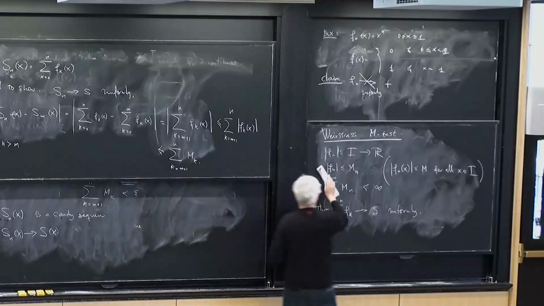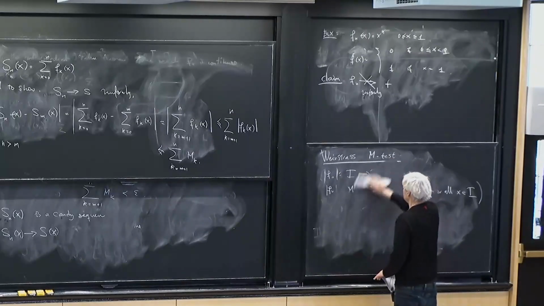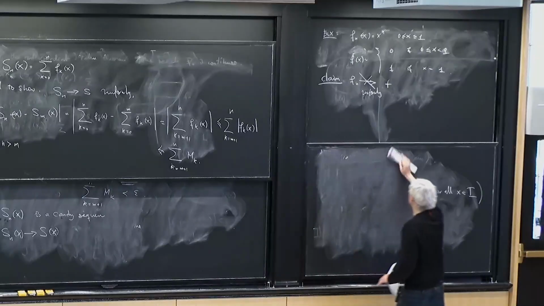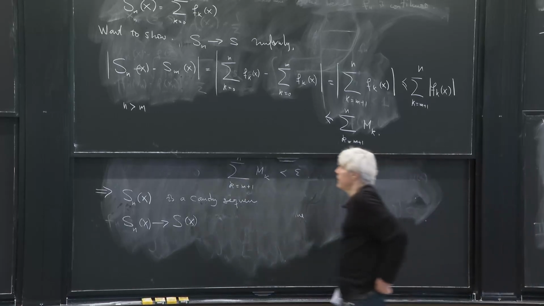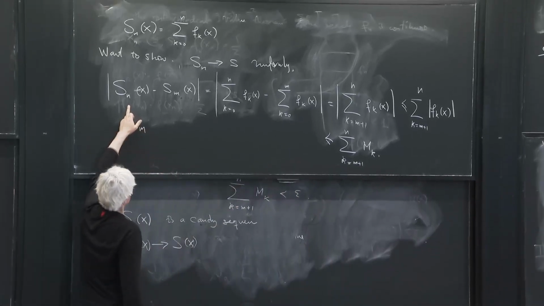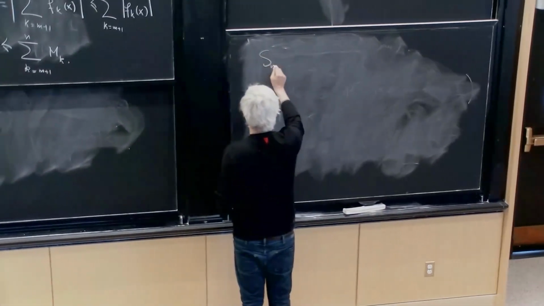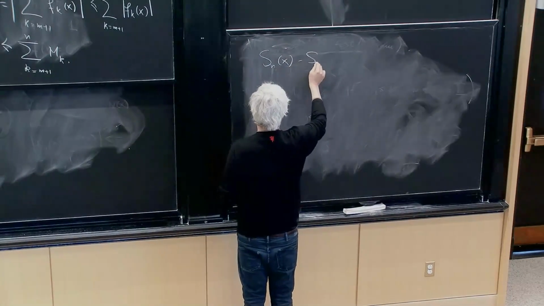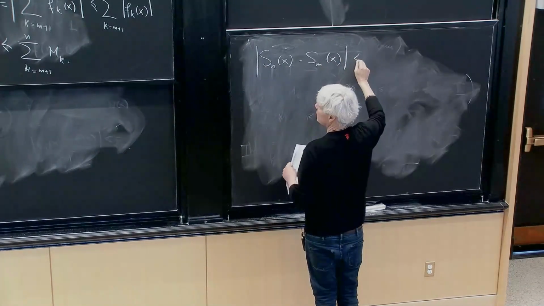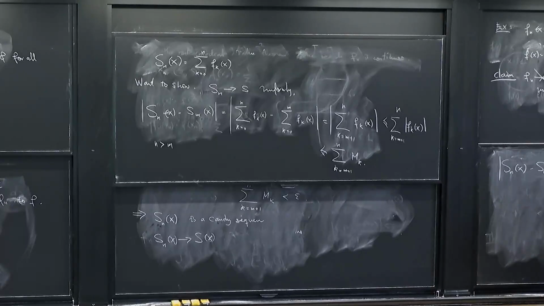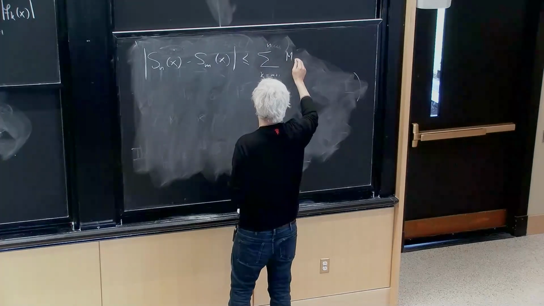So now let n go to infinity. If you take this inequality, S_n of x minus S_m of x is less than or equal to the sum from k equal to m plus 1 to n of M_k.